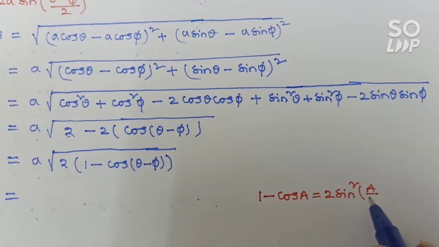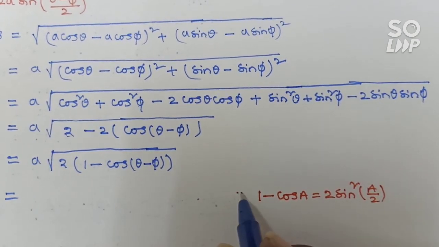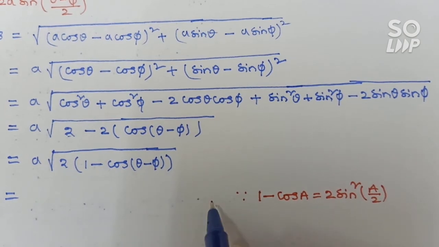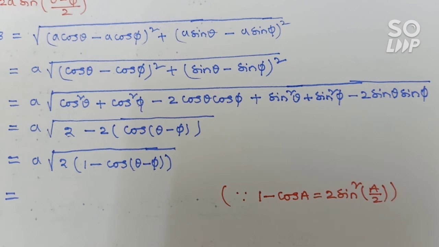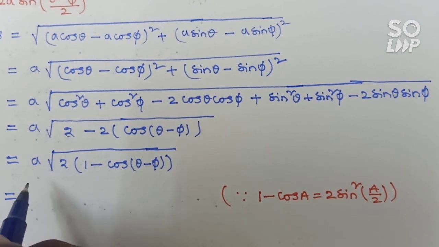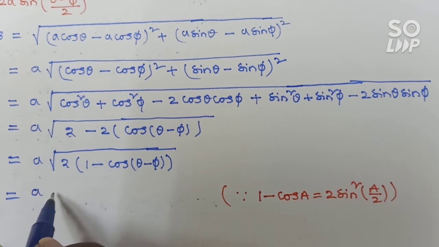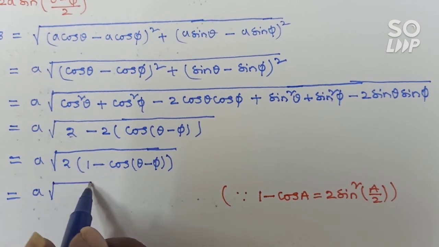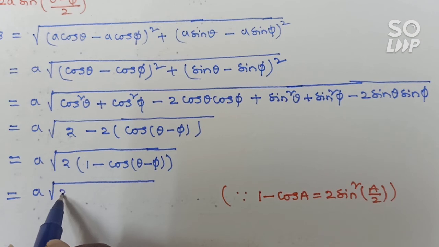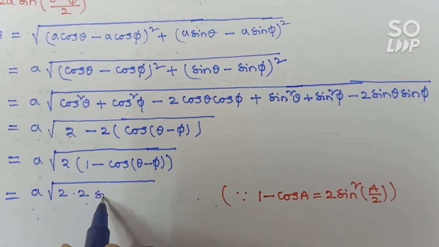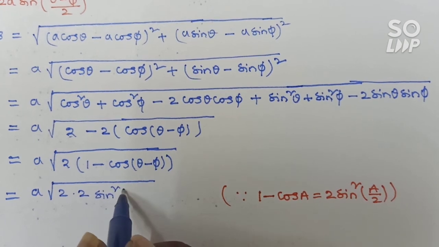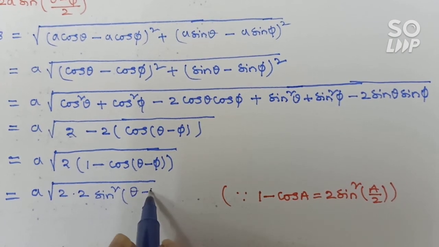So according to this formula, here A is nothing but theta minus pi. So here you can write this value as A into square root of 2 into 2 sin square of theta minus pi whole divided by 2.